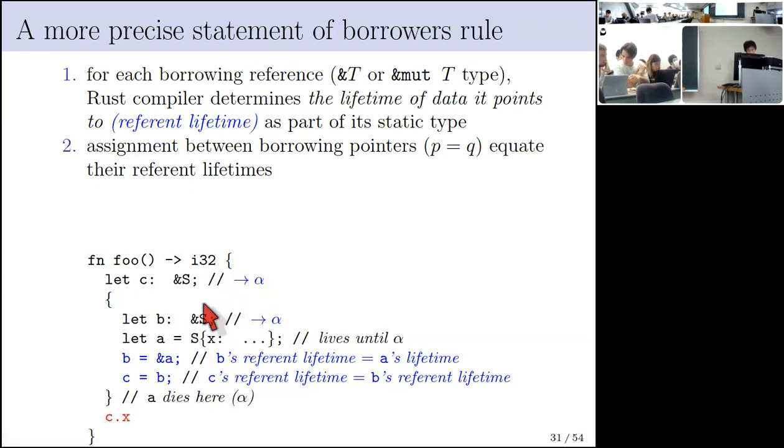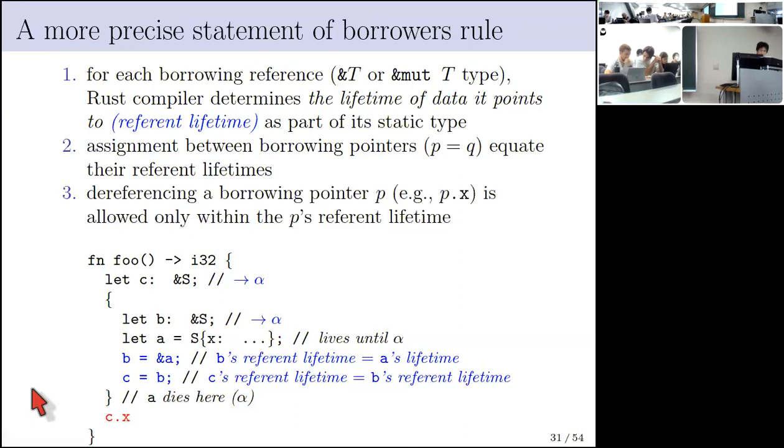And the compiler sees this dereferencing expression C.x. But the compiler thinks alpha ends here. So this expression appears outside alpha. This is why the compiler signals an error.